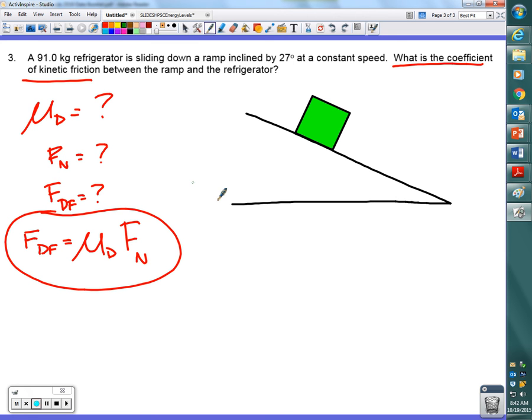First force. We have our weight force this way, right? We calculate the weight, m times g. They gave us a mass, so we can figure out what the weight is, right?